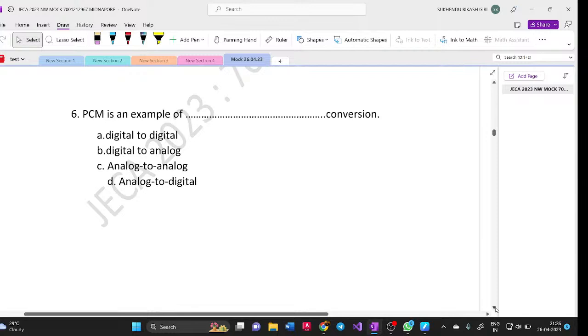Answer in the comment section, please. What is the full form of PCM? I will give you a hint. PCM means, please answer the full form of PCM in the comment section.